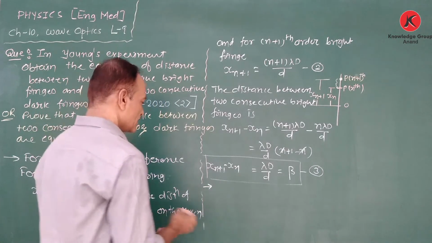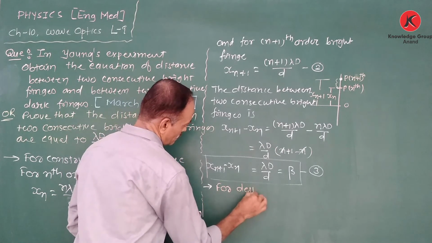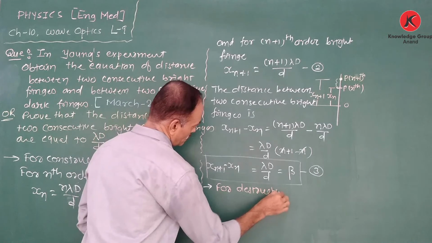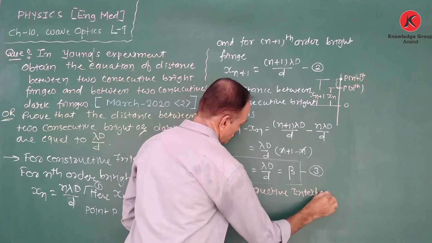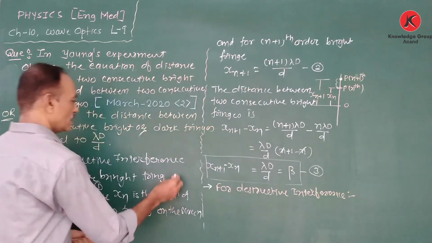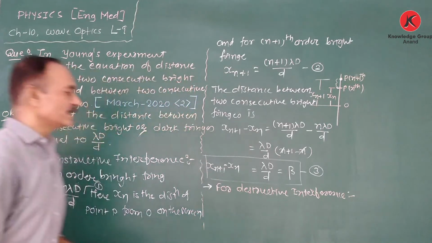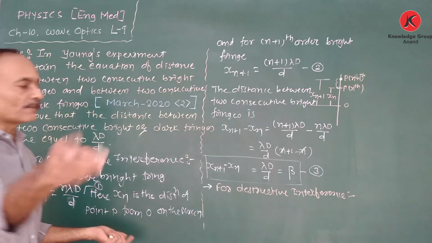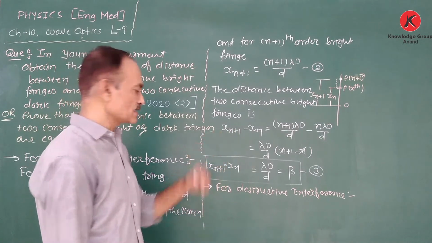Now for destructive interference, first we write down the equation for the position of the nth order dark fringe.